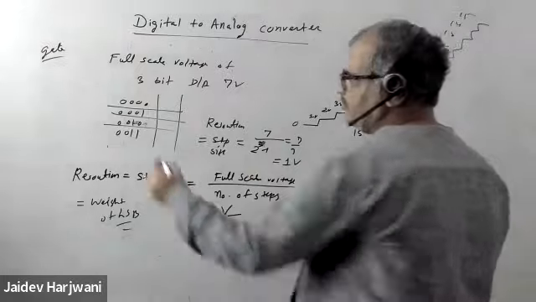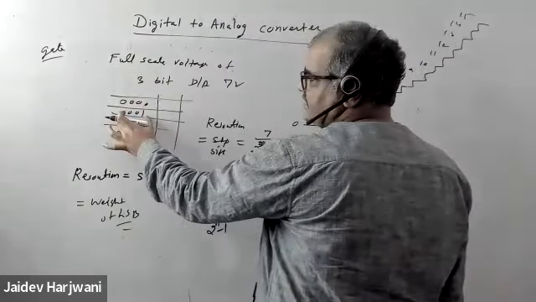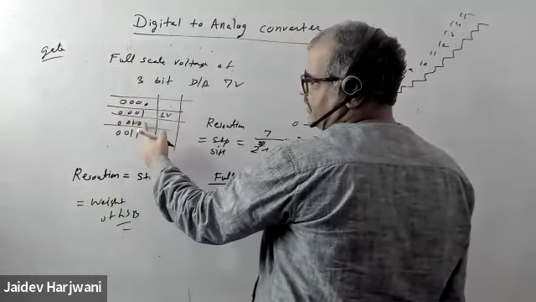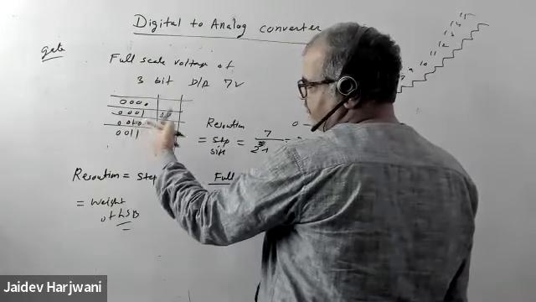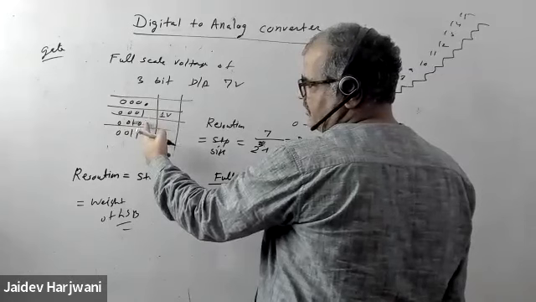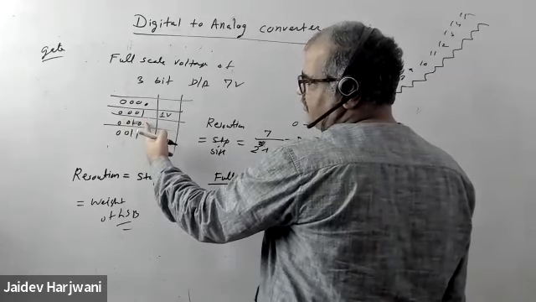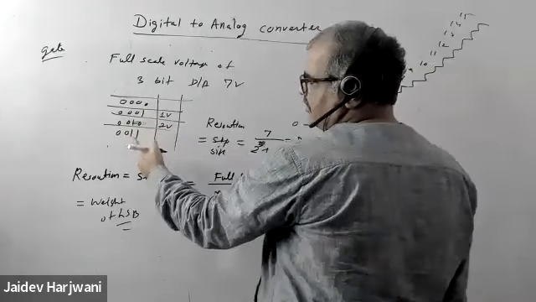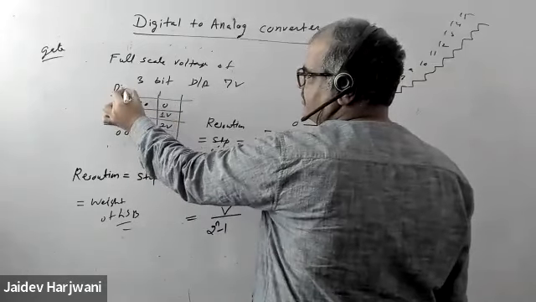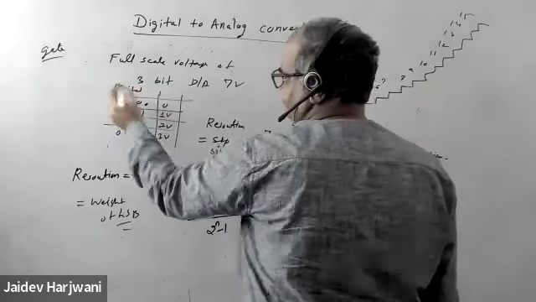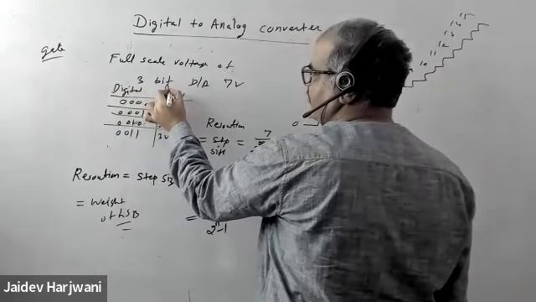So the weight of LSB will be 1 volt. The analog output is always proportional to the digital input, so this one will be twice of 1 volt, 2 volts. This will be 3 volts, and this will be 0 volts. So these are the digital inputs and this is your analog output.